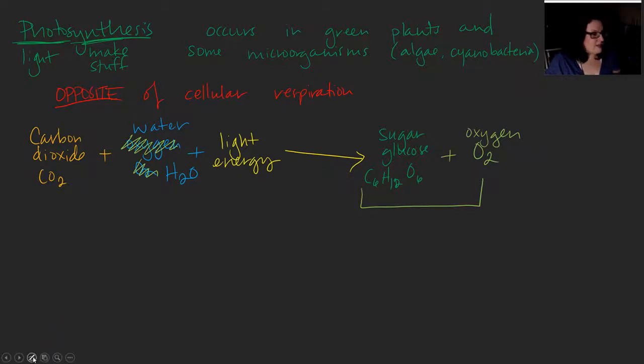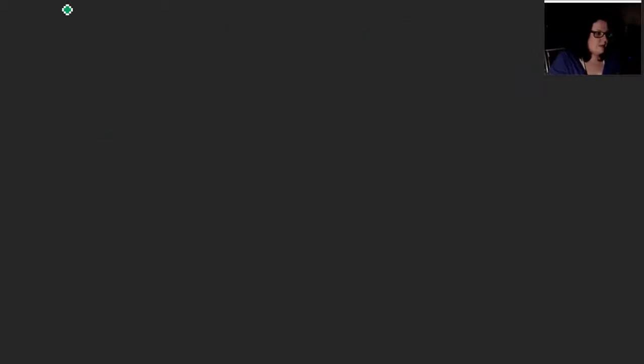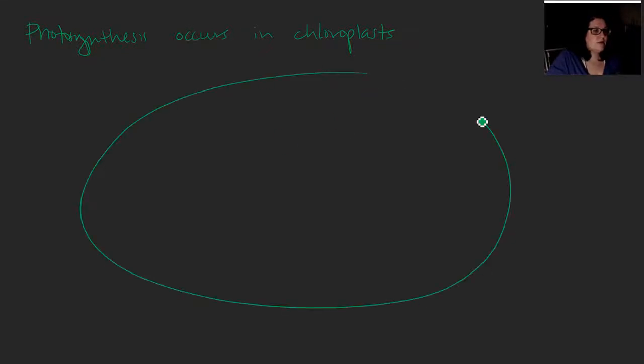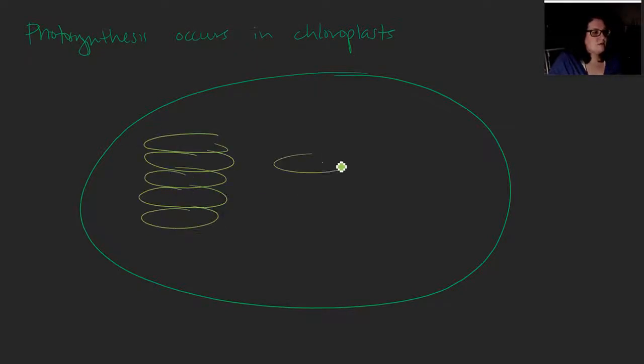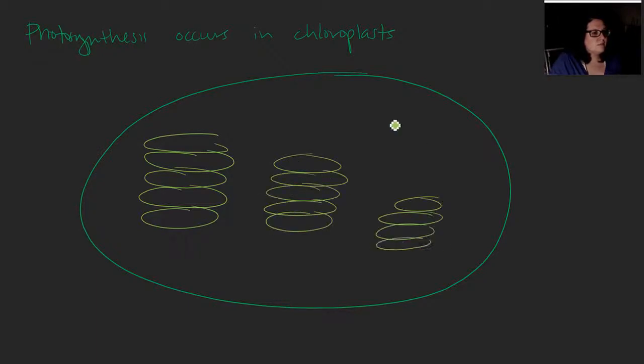So this happens in the chloroplasts. So I'm going to go to the next slide, make it a big one. Chloroplast. So here is a chloroplast. And it's got these inner pancake-like membranes. And again, these have tons of surface area.